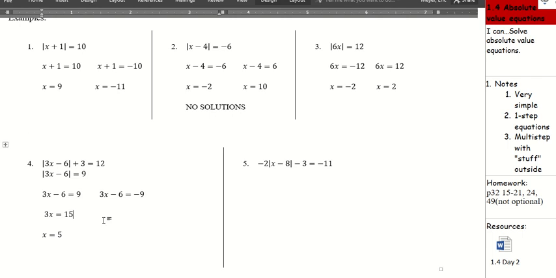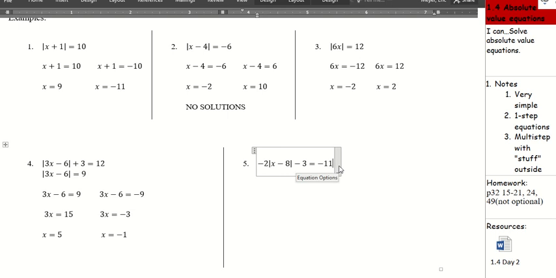That's my first one. Now I'm solving the other one over here. If I add 6 to both sides, I get 3x equals negative 3, because negative 9 plus 6 is negative 3. I divide both sides by 3, and I get x equals negative 1. So here are my two solutions, 5 and negative 1.